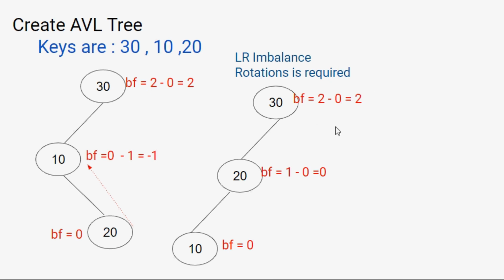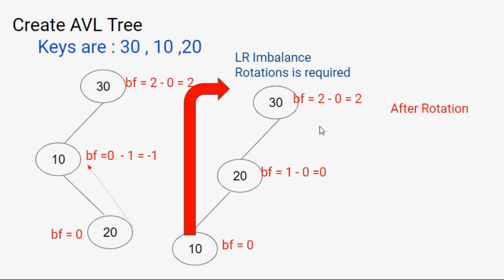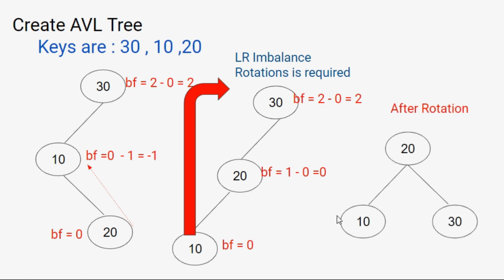How is this imbalance coming? Because of left of left. So I simply need to perform one more step, that is right rotation. I'll move this 20 upwards and I'll move that 30 downwards. So that is right rotation. Why am I saying this is a two-step rotation, this is LR rotation?